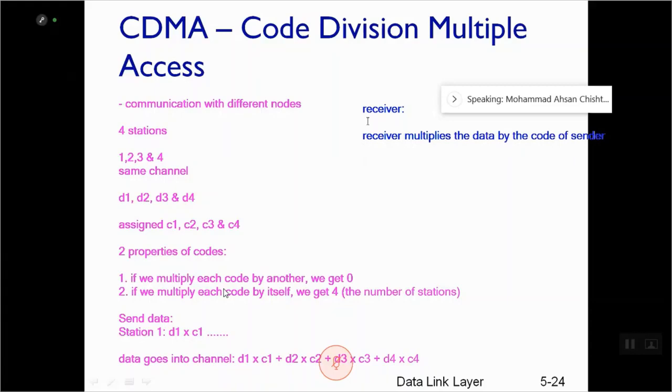What do we mean by that here? If station 1 is sending to station 2, in other words, station 2 wants to hear what station 1 is sending, but the data that the receiver, station 2, got here has the data of stations 1, 3, 4 as well, because it's sent all together.